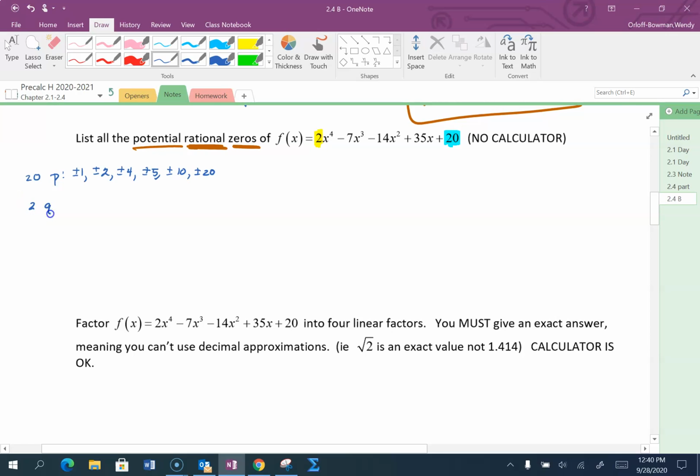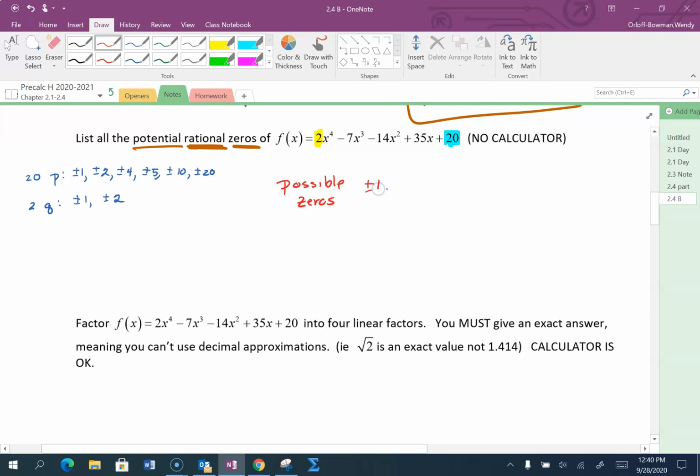Q comes from factors of 2, plus or minus 1, plus or minus 2. So my possible zeros, I need to list them individually.